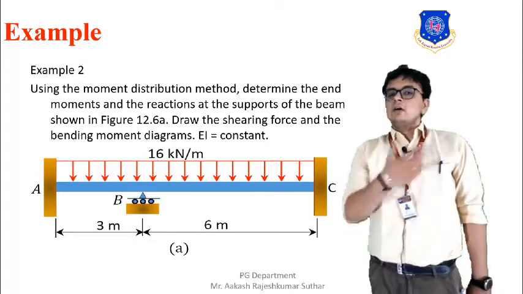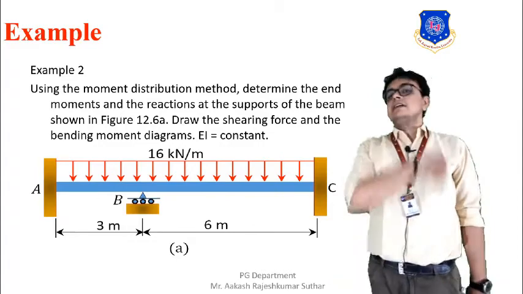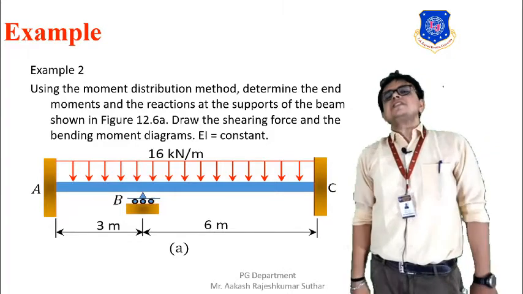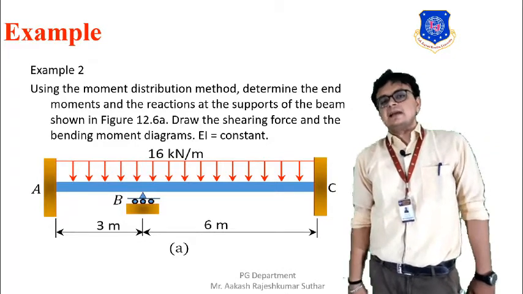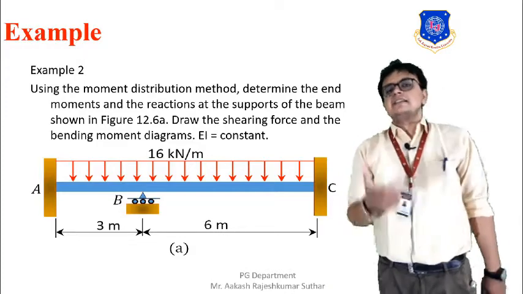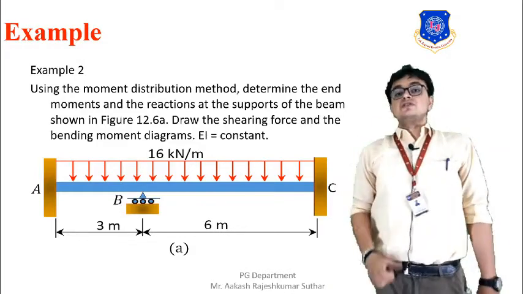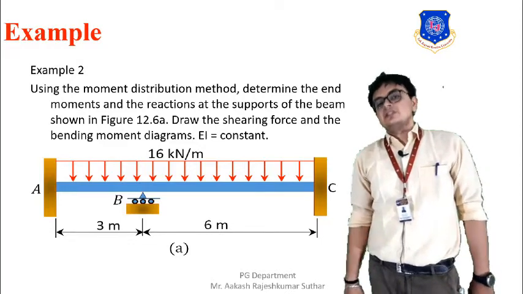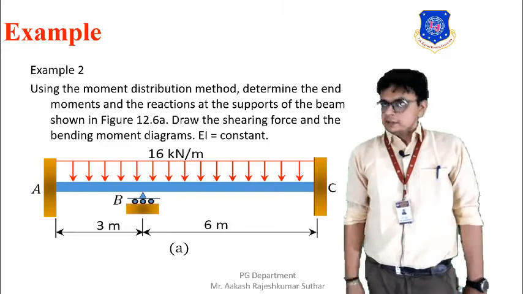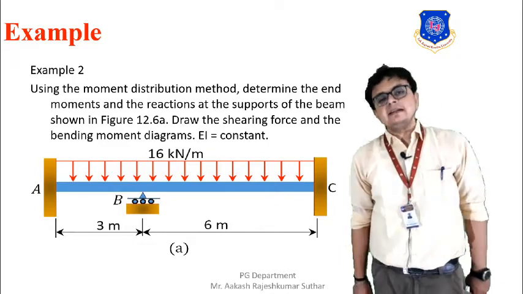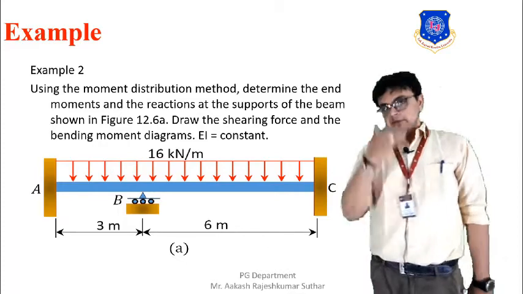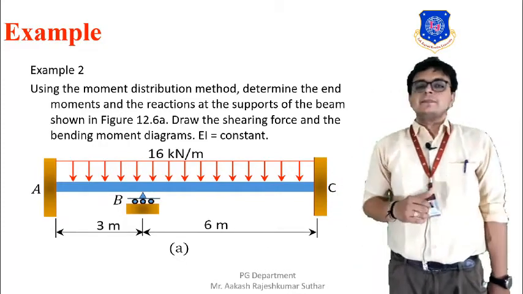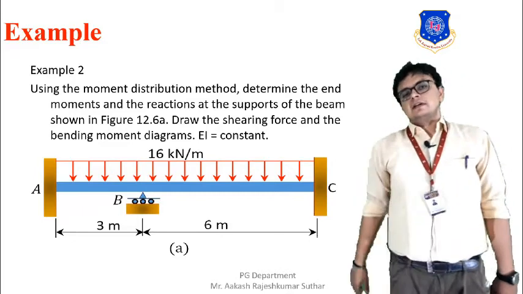So ultimately all the joints will be fixed, and whenever the opposite end is fixed, we have to take the stiffness factor as I by L. And if the condition arises that the opposite support is hinged, then in that case we have to take the stiffness factor as 3 by 4 I. This is the thing that the student should keep in mind while observing these supports. It is necessary to see how the supports are, and based on that you have to do the proper calculation.